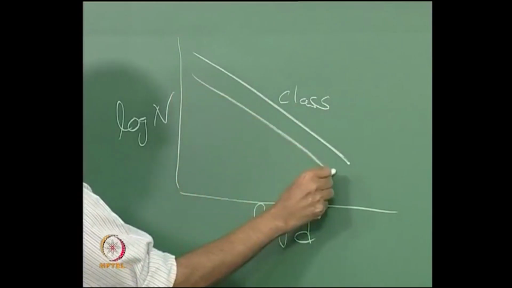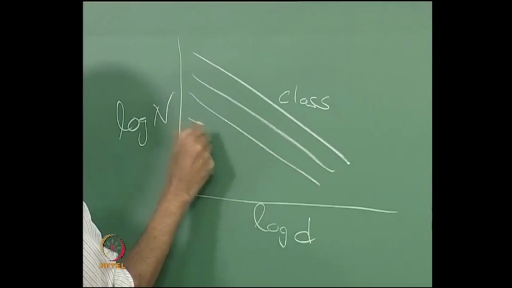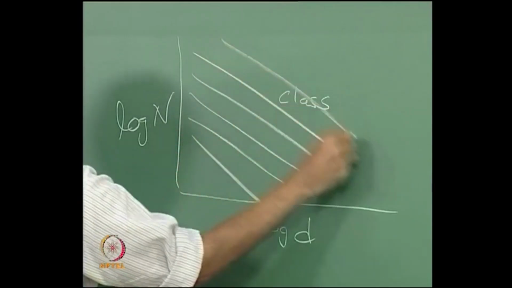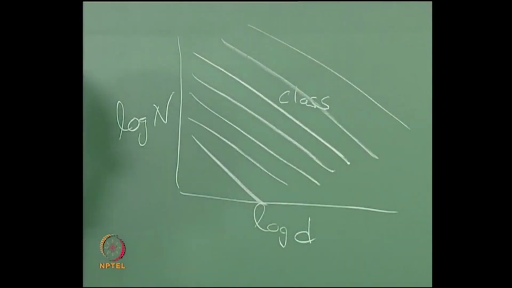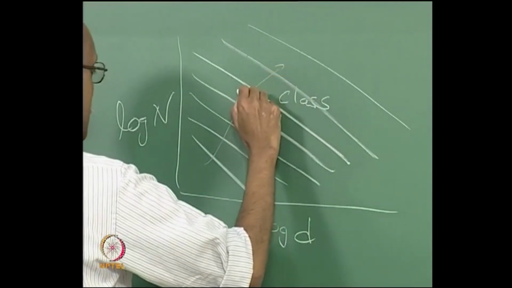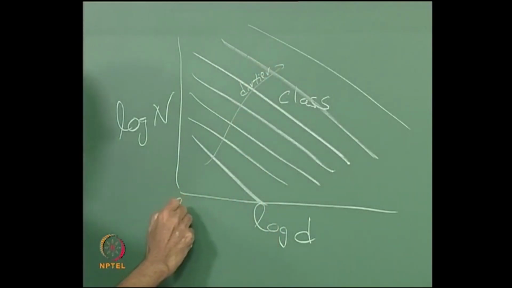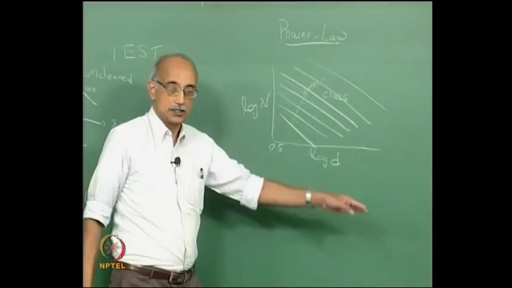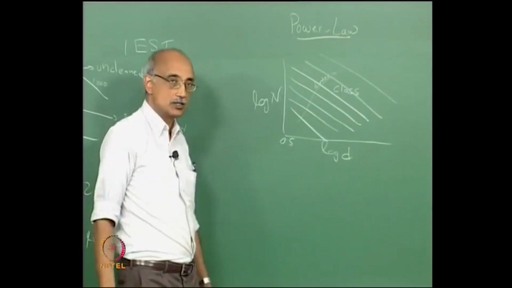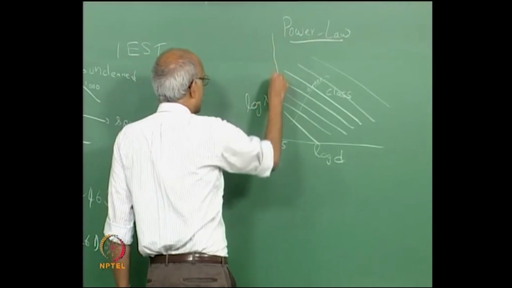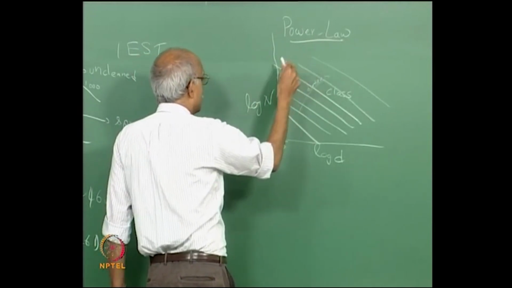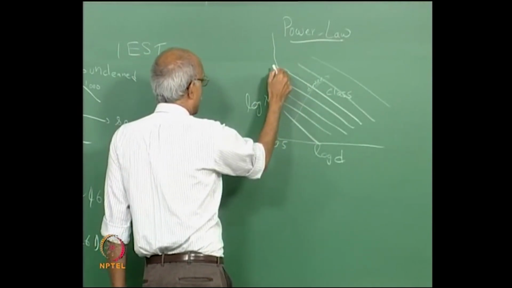So, just like in the case of the log normal distribution, in the power law case also you will see a family of these straight lines, and just as in that case, as you go up, it is a dirtier environment, and as in the previous case, the different classes are labeled based on their intersection with the 0.5 micron line.